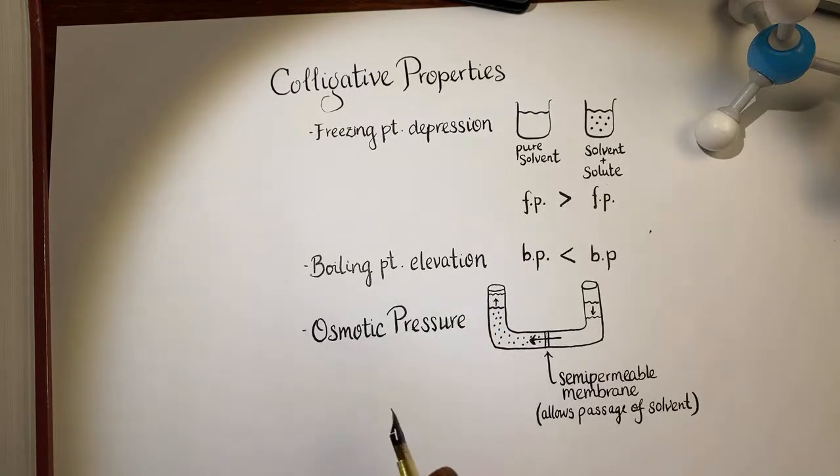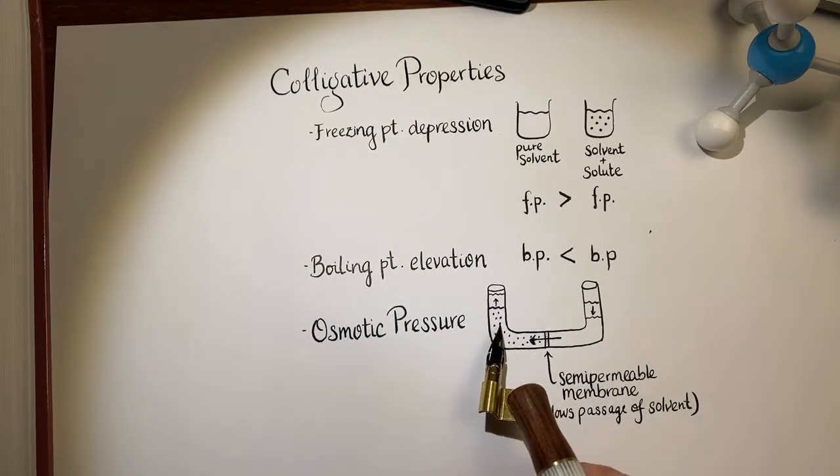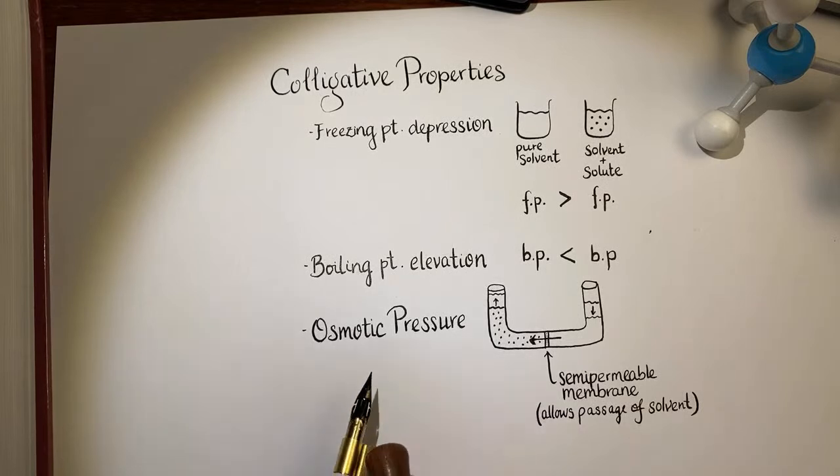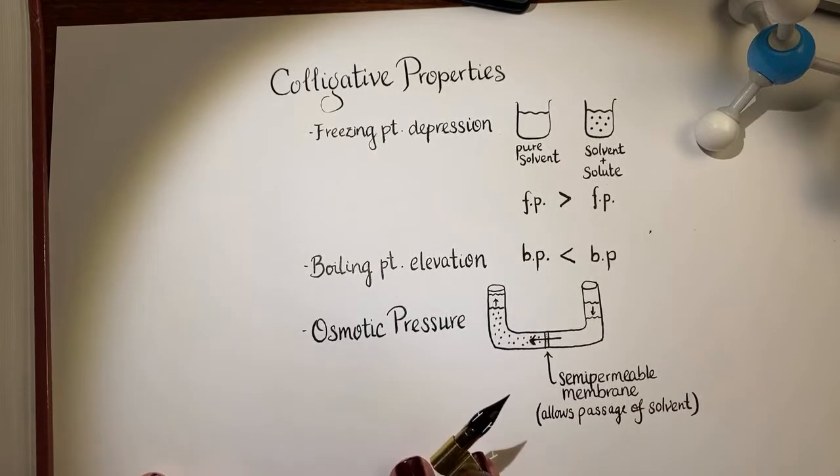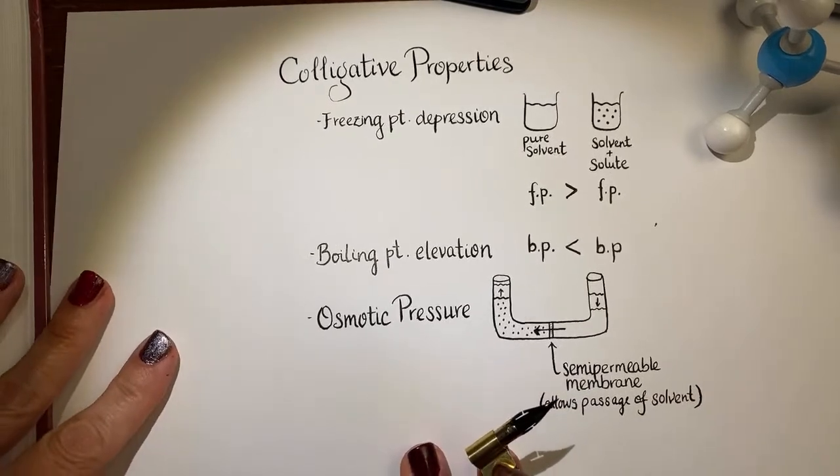That's how we define osmotic pressure. So, therefore, osmotic pressure is greater when you have a higher concentration of particles in solution. And we can calculate what osmotic pressure is. I'll give you the equation here.